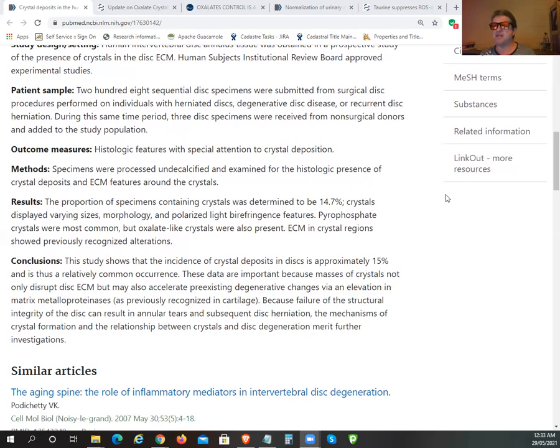What they have found is that crystals do form inside these discs, in up to 15%, and they do cause a lot of problems. And it's probably something that's actually driving this, the collagen degrading enzymes. It's probably increasing them in that regard, and that's what they've actually noticed.